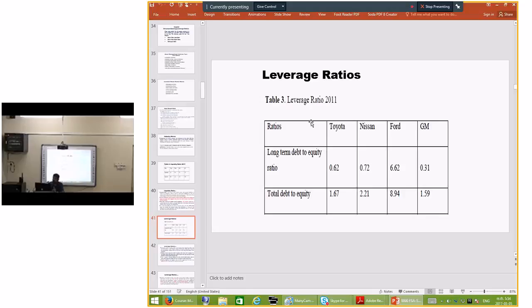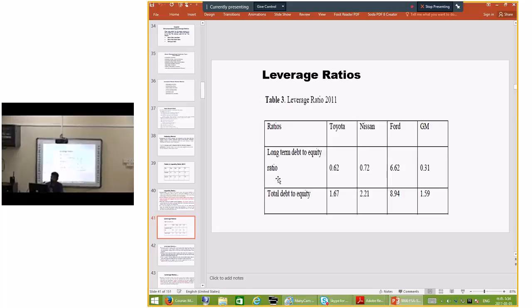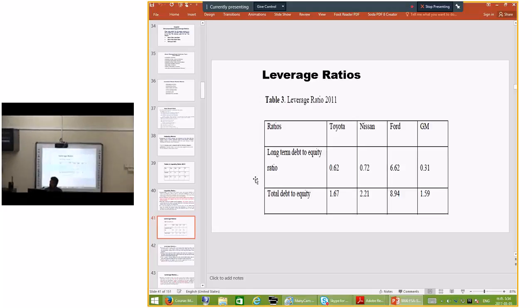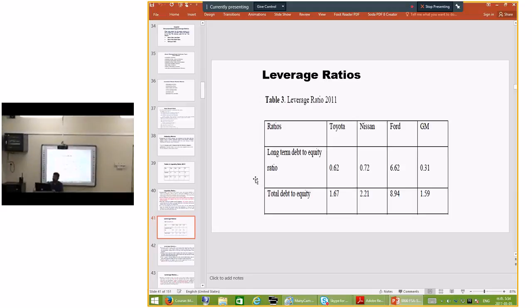But if you think about Ford, they are exceeding that rate, 8.94 or 6.62. Therefore, they cannot increase their capital from debt capital again. Is it clear?